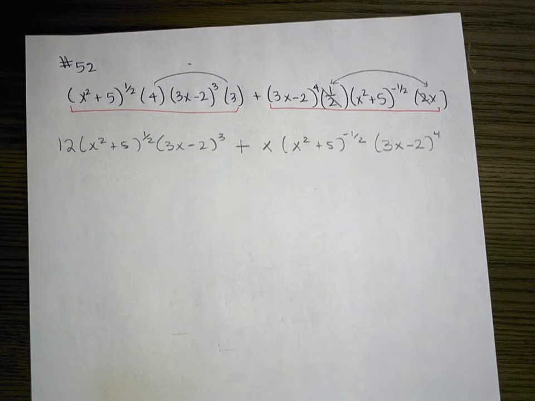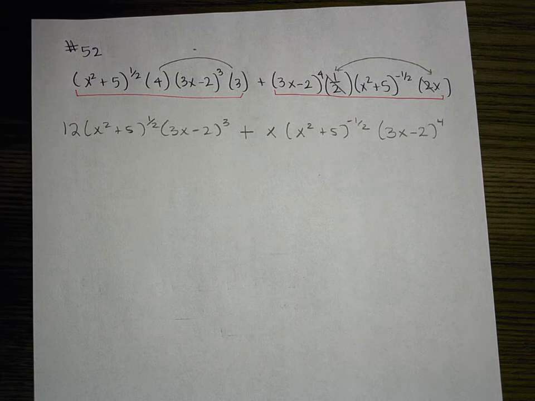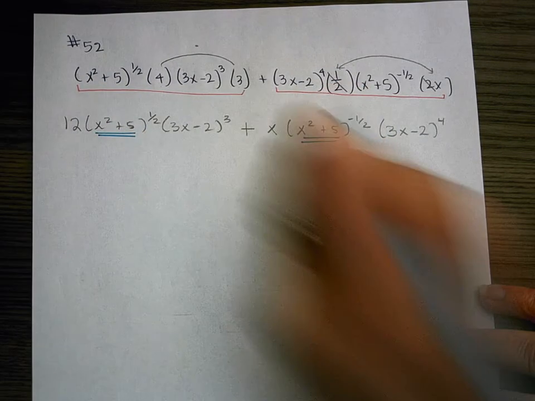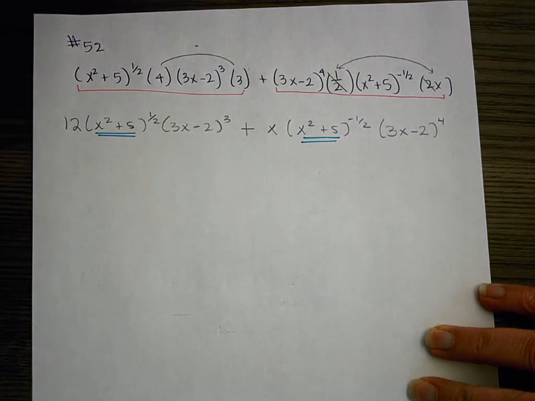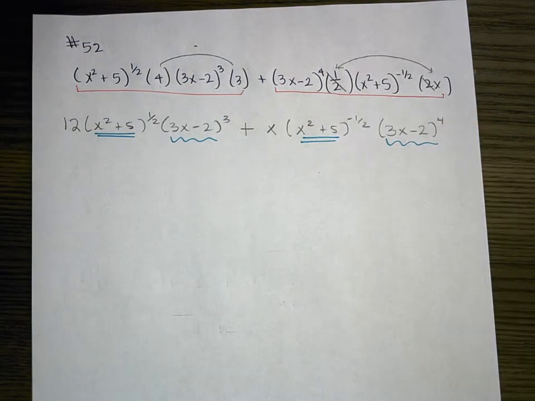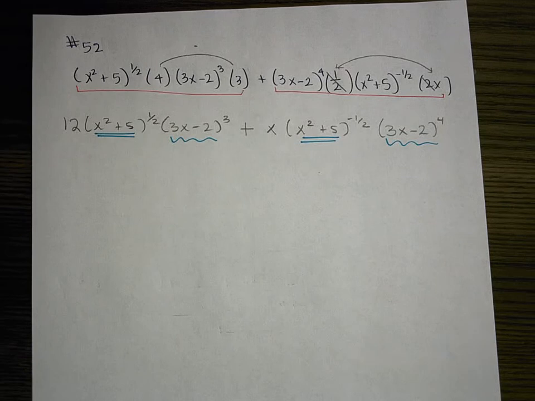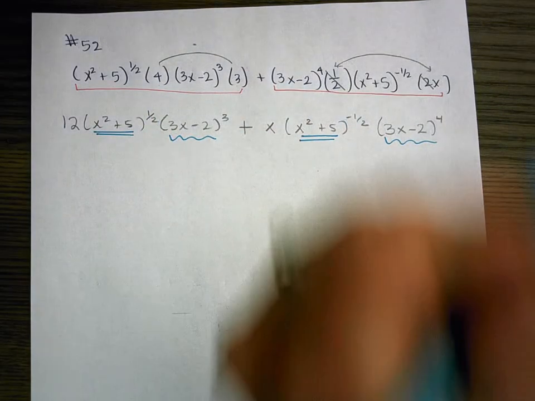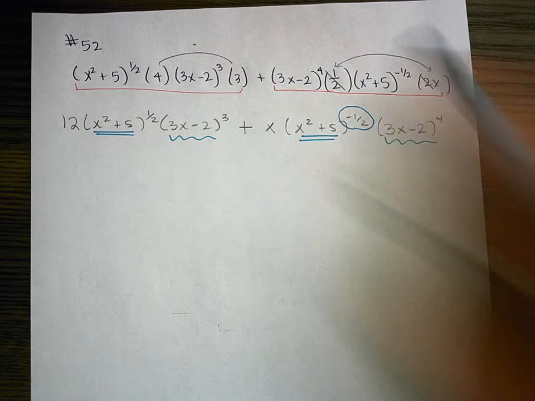Okay, so now what I'm looking for is what can I factor out of it. If I look, they both have an x squared plus 5 to some power, and they both have a 3x minus 2 to some power. So that's what I want to factor out, those groupings. And I always want to take the lowest power. Between 1/2 and negative 1/2, negative 1/2 is the smallest, so I will factor out with that power.